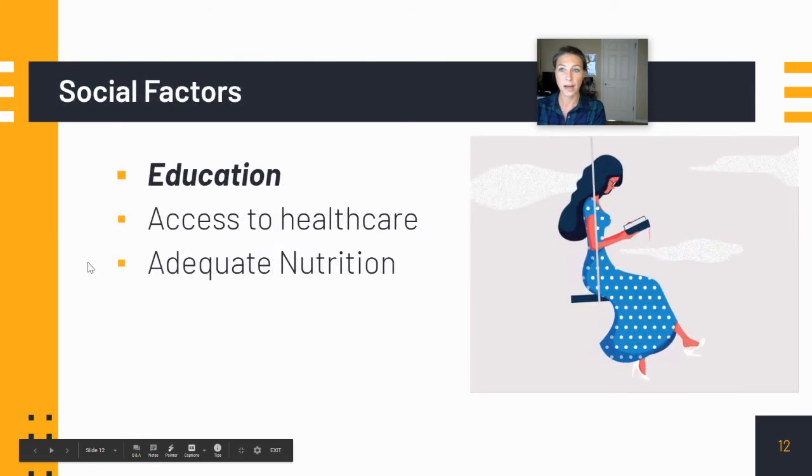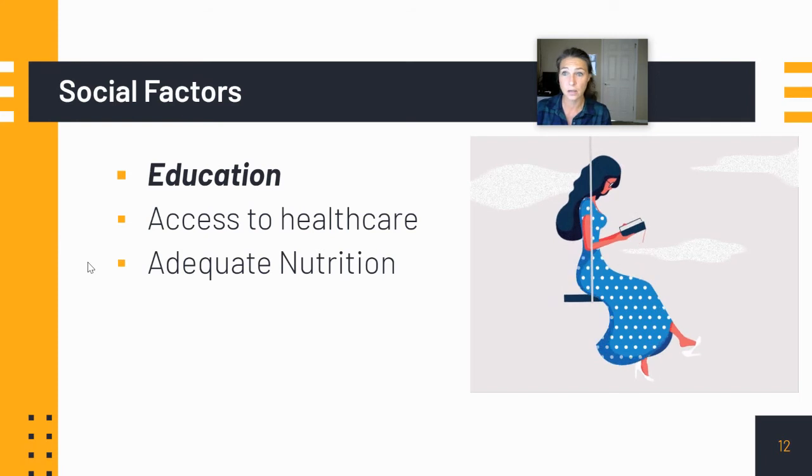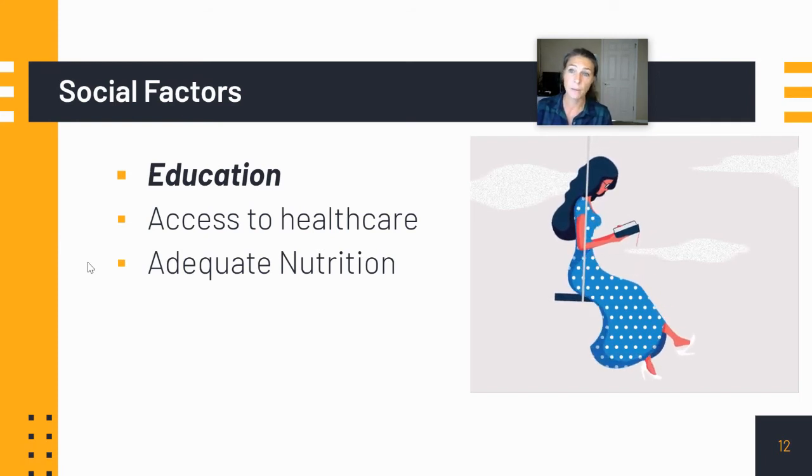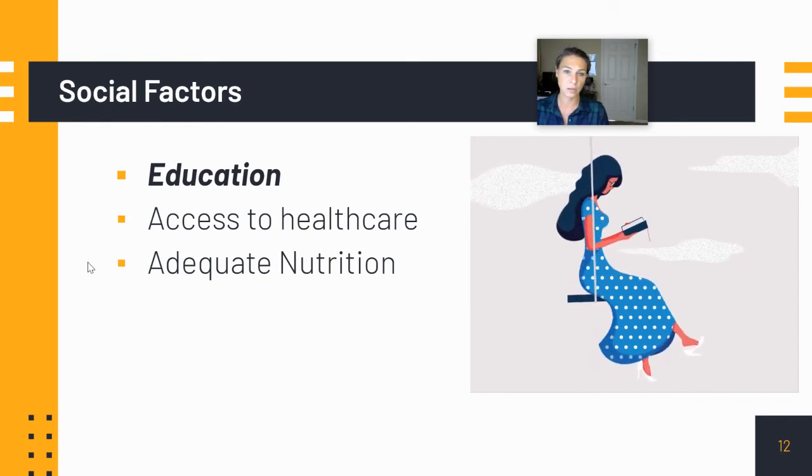So economic factors might indicate a family's ability to get an education because, unlike here in the United States, in most countries parents have to pay for education, right? And the reason why I have education bolded and italicized is because education really is the key.